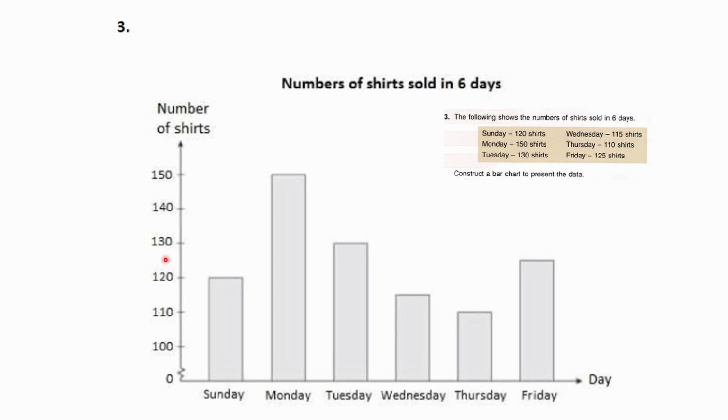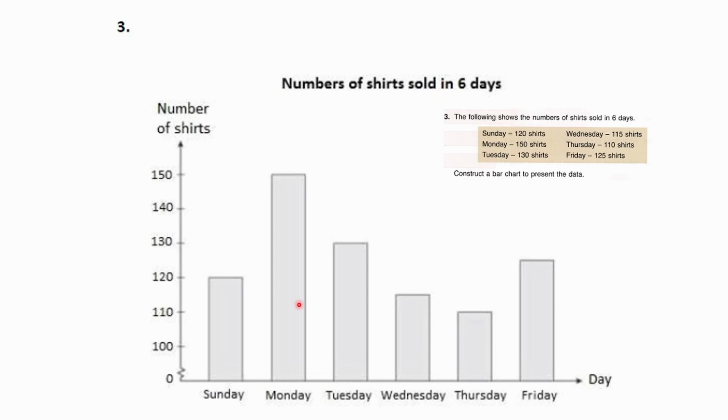But you can see that all the bars are the same width. This one is just as wide as this one. They are different heights. This one is taller than this one, but this is the same width as this one.